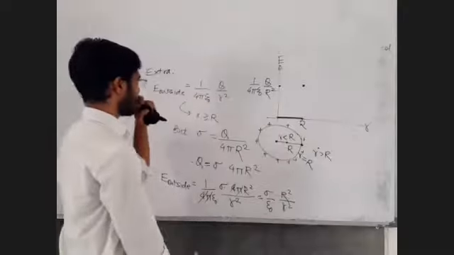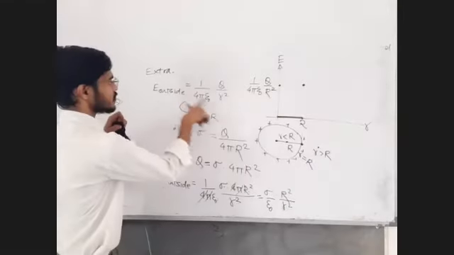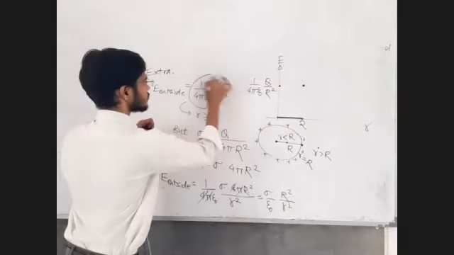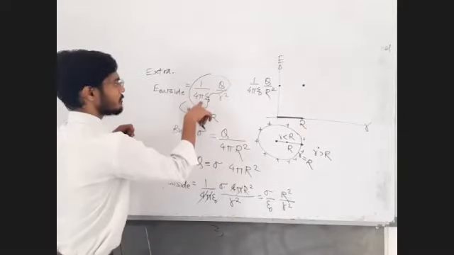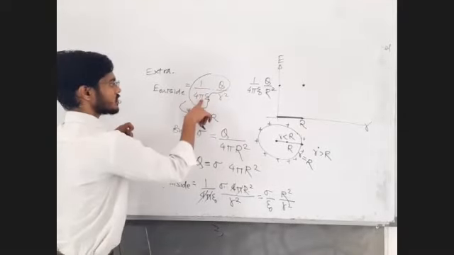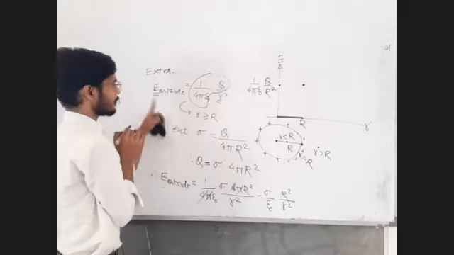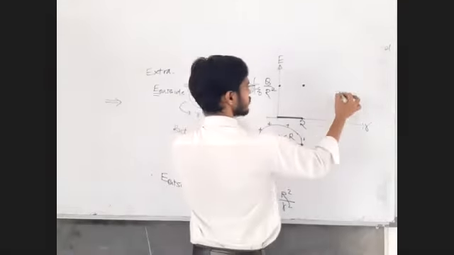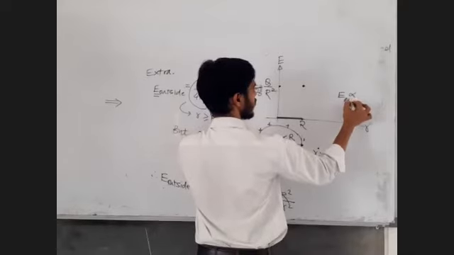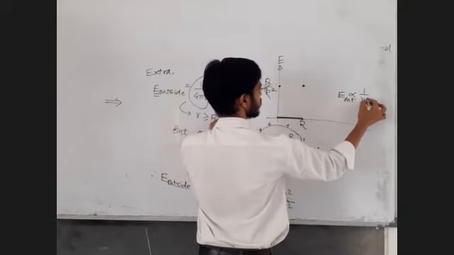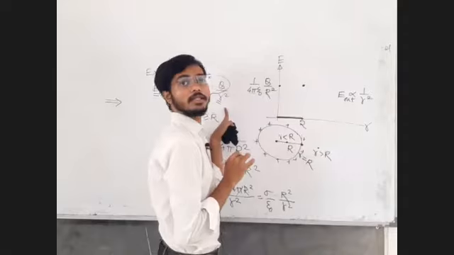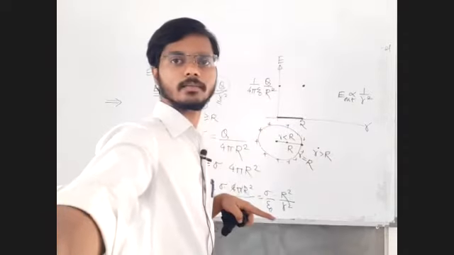Outside the surface, this is a constant number, so the electric field outside is proportional to 1 upon r square, or inversely proportional to r square.